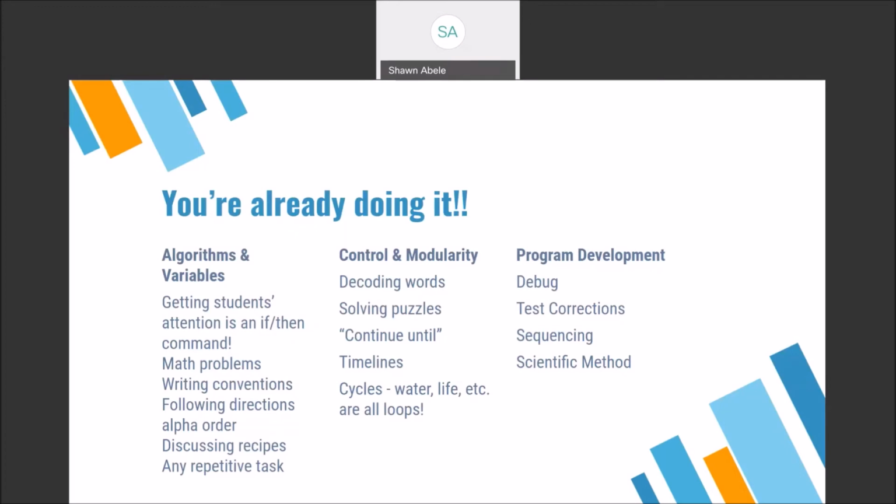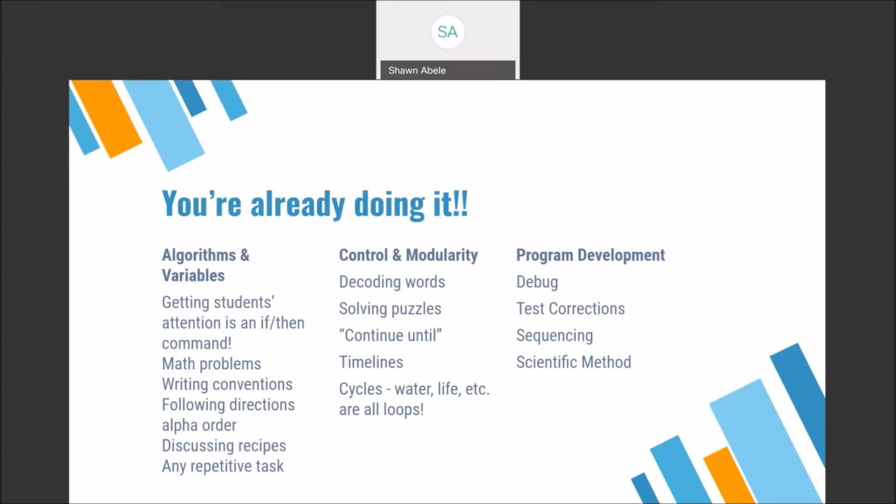With program development, a big part of that is debugging. And again, debugging is just fixing the problem and persevering until it's correct. So having students doing test corrections is probably my favorite example of debugging. When writing a computer program, you can't just stop because it was wrong. It won't work.